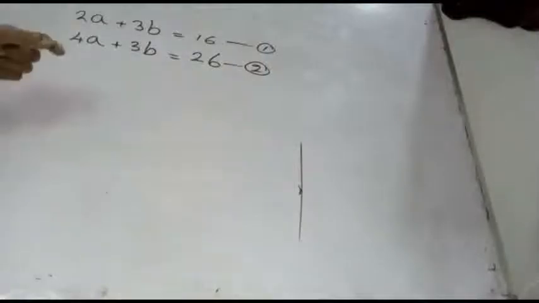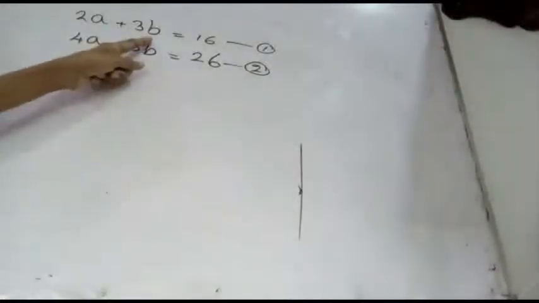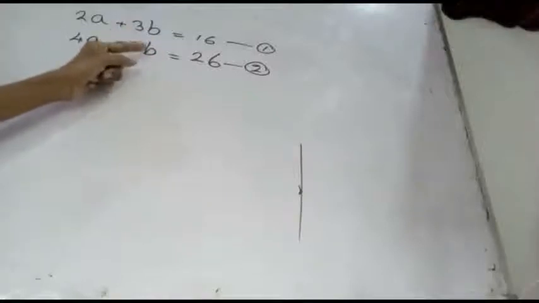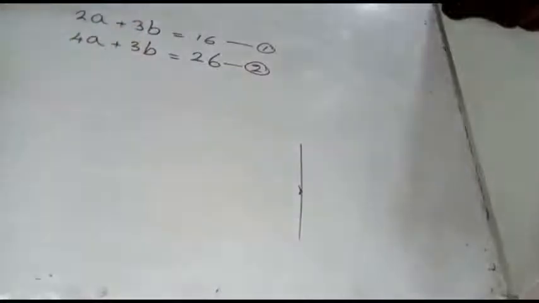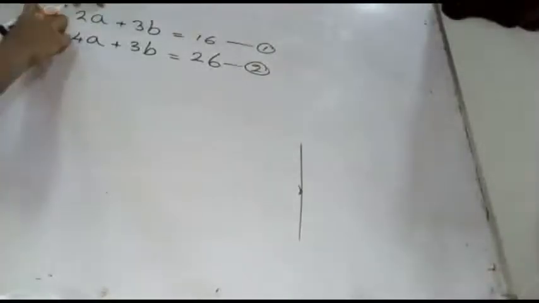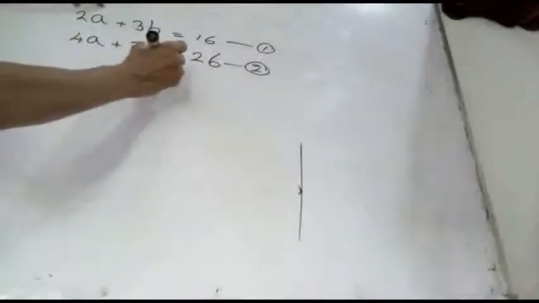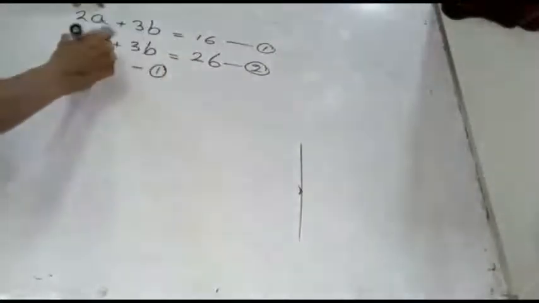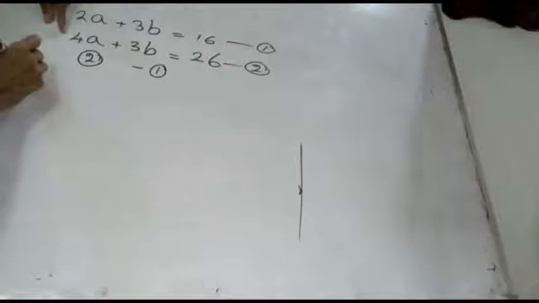In these equations, the coefficient of b is equal and the signs are also equal. Therefore, to eliminate b, we subtract the first equation from the second equation, because 4 is more than 2.